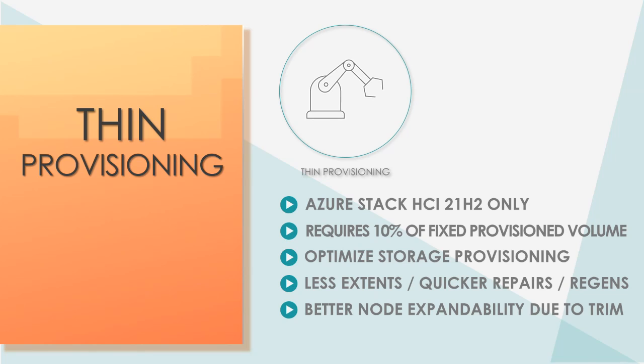So you don't have to double the capacity as you had to do in the past when upgrading from a 2-node to a 3-node. You're now only requiring 10% footprint, so you don't have to be so focused on needing twice as much storage to create that fixed provision volume and storage migrate those virtual machines from the old volume to the new and translate the existing 2-node design into a 3-node design. With thin provisioning, I can avoid all that.